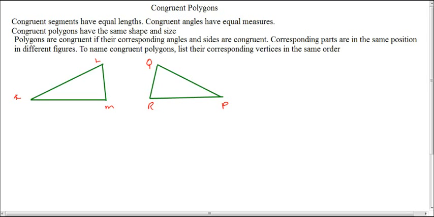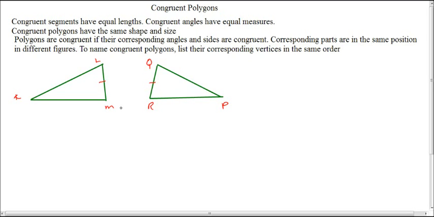What we can do is use what are called tick marks to show what we consider congruent or not. So let's say we consider LM congruent to QR. Okay, so we're talking about length here.